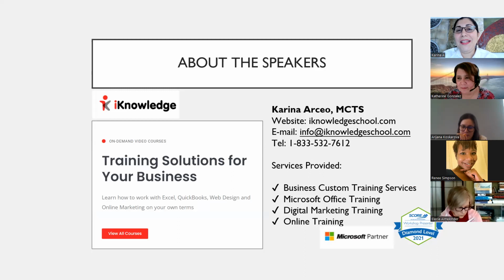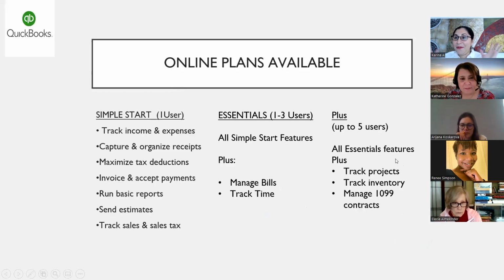So it's really a dynamic business. The technology is always evolving, as you know. You learn a program now, and three months later you have an update, and then another one. So that's also part of the reason that we find it so exciting. You're always learning and we're always teaching. So that's my information, my website, and without further ado, let's continue with the QuickBooks Online plans available.